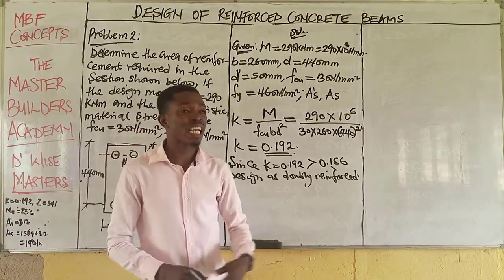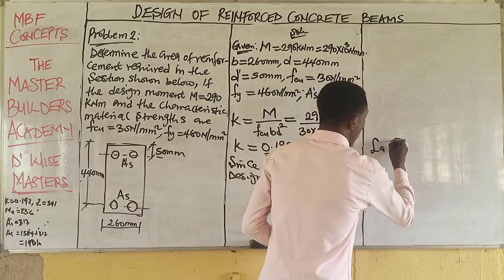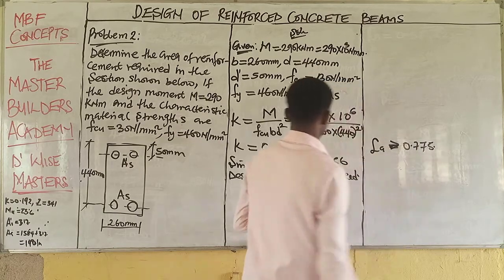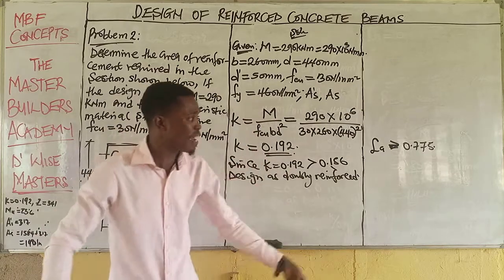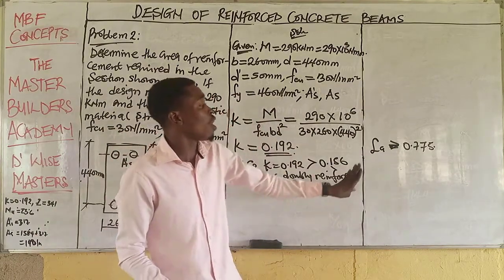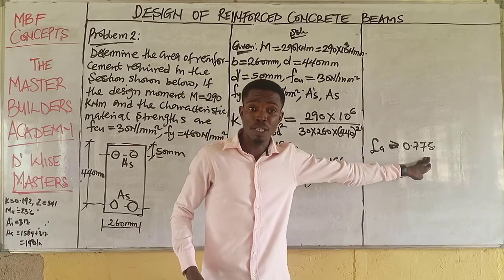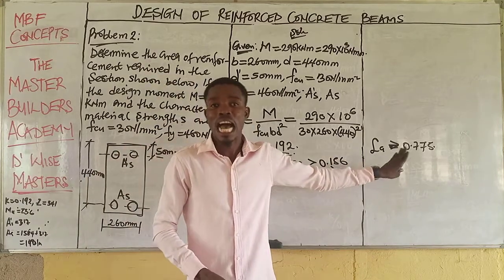Because if you calculate the lever arm factor, you are going to have a value less than the lower limit, which is 0.775. Anytime the value of K is more than this, whatever you calculate with that value must be less than this. So anytime the value of the lever arm factor is less than the lower limit, you make use of the lower limit. So for doubly reinforced, all you just need to do is to take LA as this.